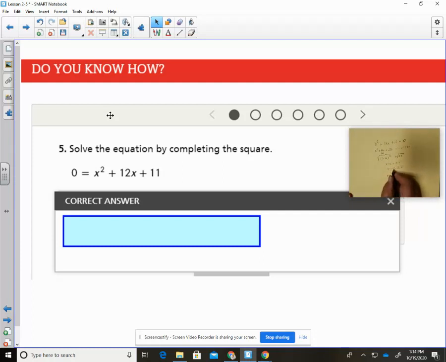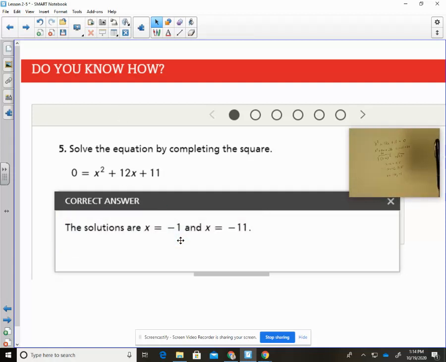So then x equals negative 6 minus 5, negative 11, and negative 6 plus 5 is negative 1. So then the solutions are that. Now we could have found that just by straight factoring like we've been doing, but they want us to complete the square. Okay.